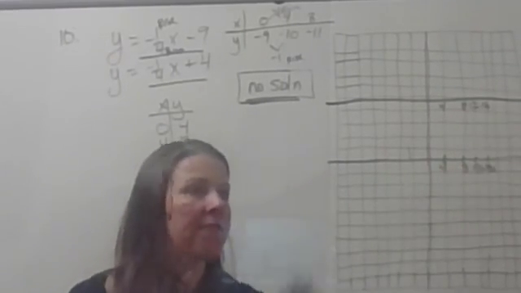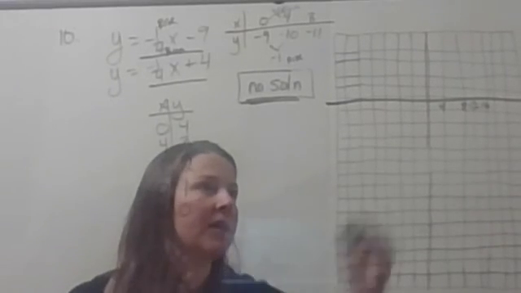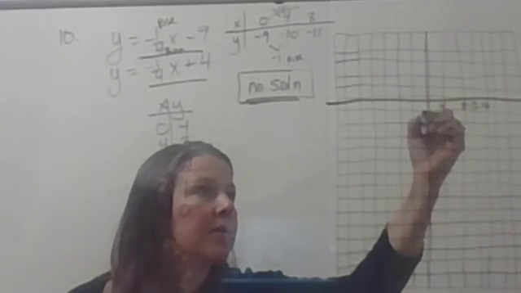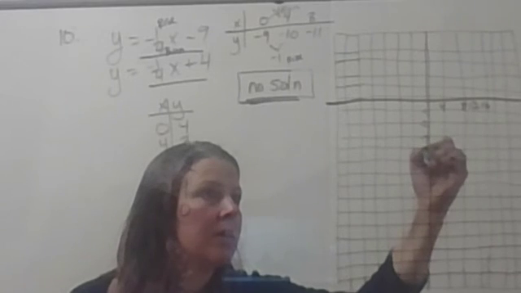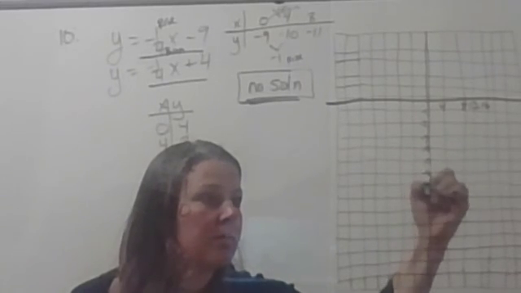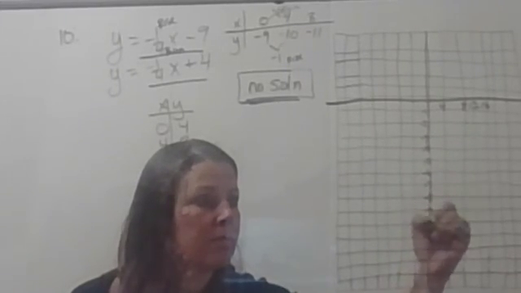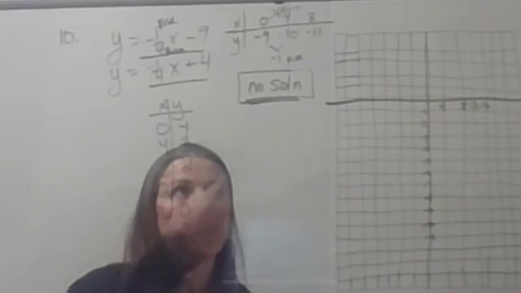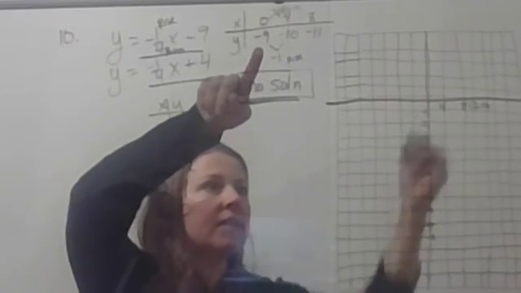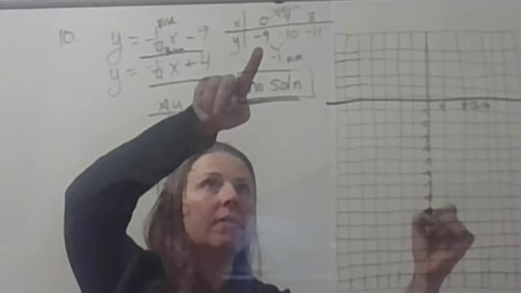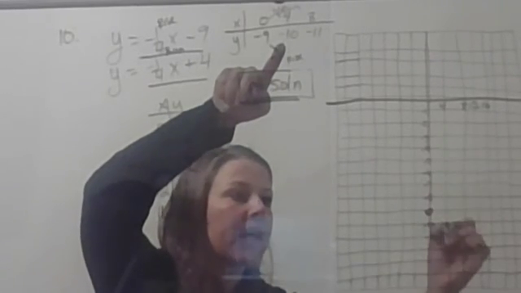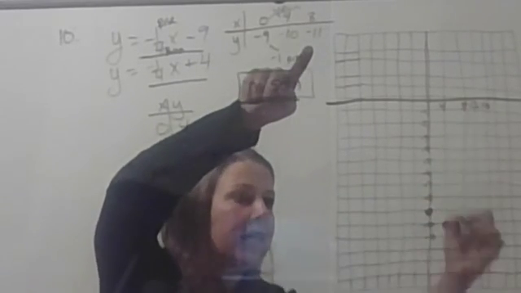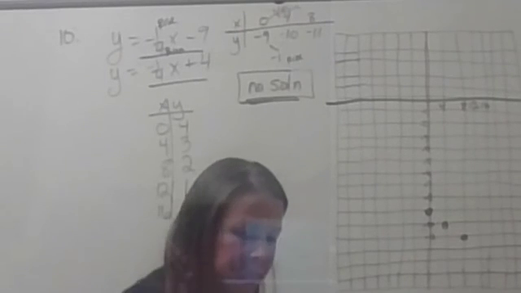So I'm counting by 4s in the x, but I'm just going to count by 1s in the y. So this equation, 0 gives -9, 4 gives -10, 8 gives -11.